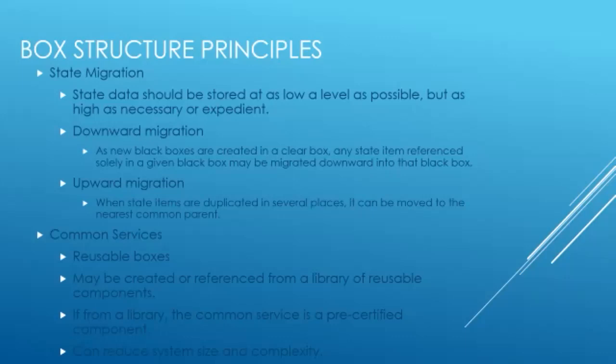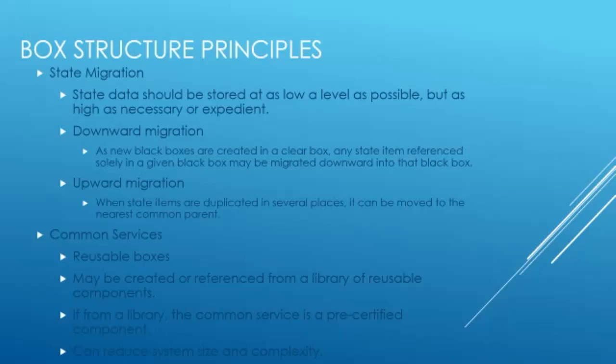Downward migration: as new black boxes are created in a clear box, any state item referenced solely in a given black box may be migrated downward into that black box. In upward migration, when state items are duplicated in several places, they can be moved to the nearest common parent.